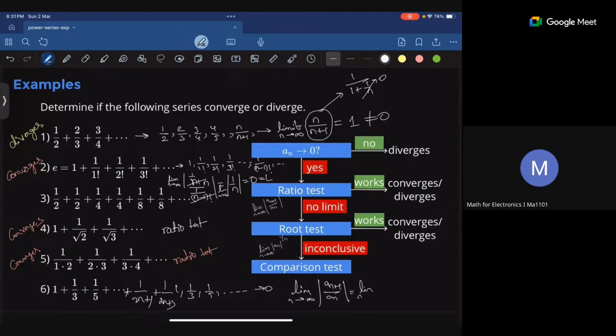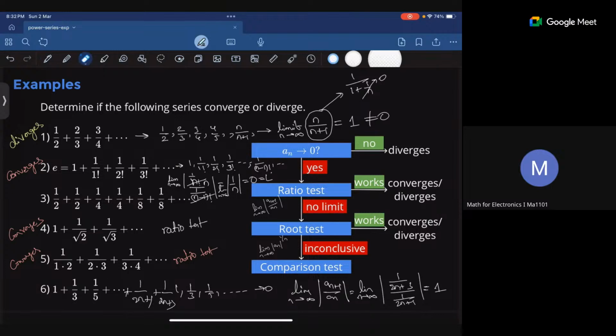This will be the limit as n tends to infinity. a(n plus 1) is 1 by 2n plus 3, and a(n) is 1 by 2n plus 1. If you simplify this, you will see that the limit will actually go to 1, which will give us that the ratio test will actually fail, no conclusive result will be obtained.